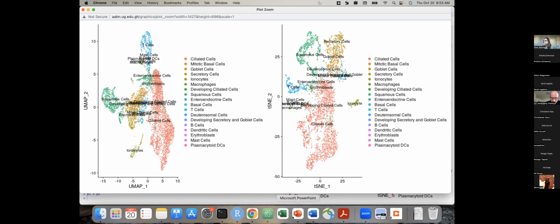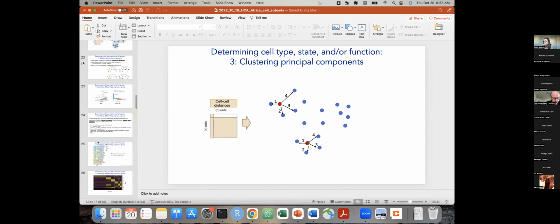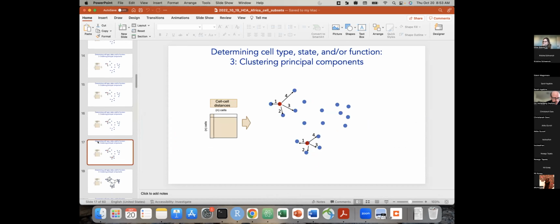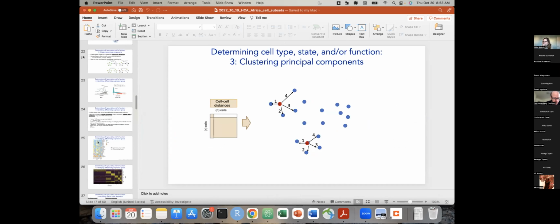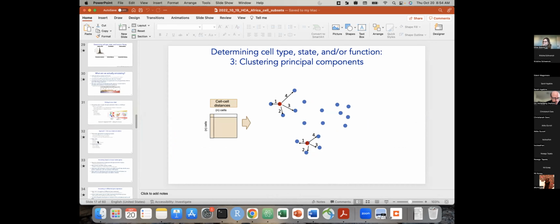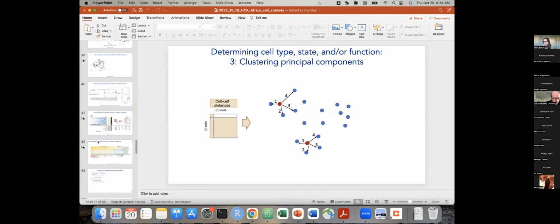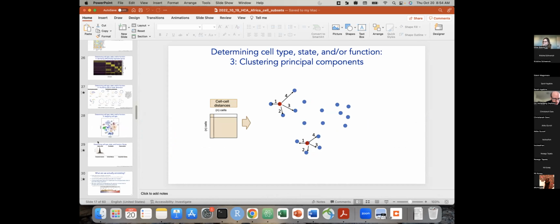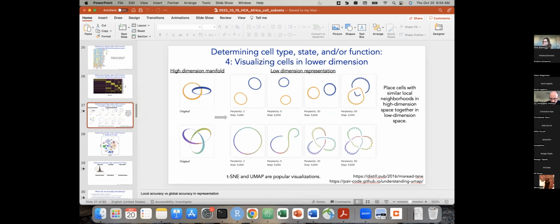In the slides on the GitHub, there's a link called Understanding UMAP. I can put it in the chat. It's very good because it gives you an interactive visualization of t-SNE and UMAP, and you can play around with the parameters.